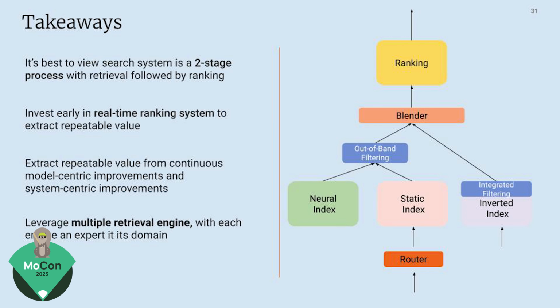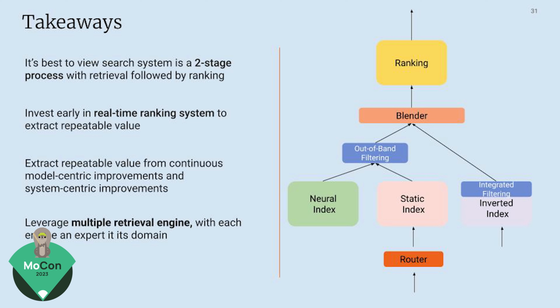But it still doesn't solve the faceting and filtering problem, and we still haven't talked about it. We know that inverted indexes solve filtering really well, but we don't know how to do filtering on these newer retrieval engines like the neural index and static index. The idea there is you bring in an out-of-band filtering solution, where either you roll out your own ANN solution where the filtering is part of it, or you overfetch from the retrieval engines and then do out-of-band filtering.